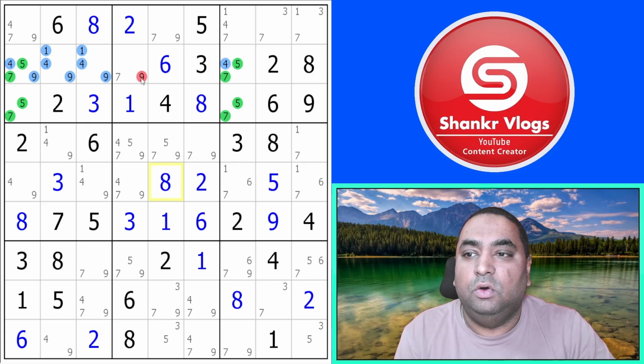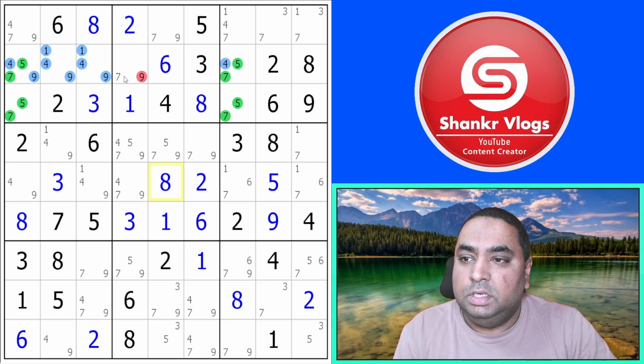Here 1, 4, 9 is appearing in this cell, that is in the second block. It is appearing on this 9. So we can eliminate this candidate. Okay. See, 1, 4, 9.